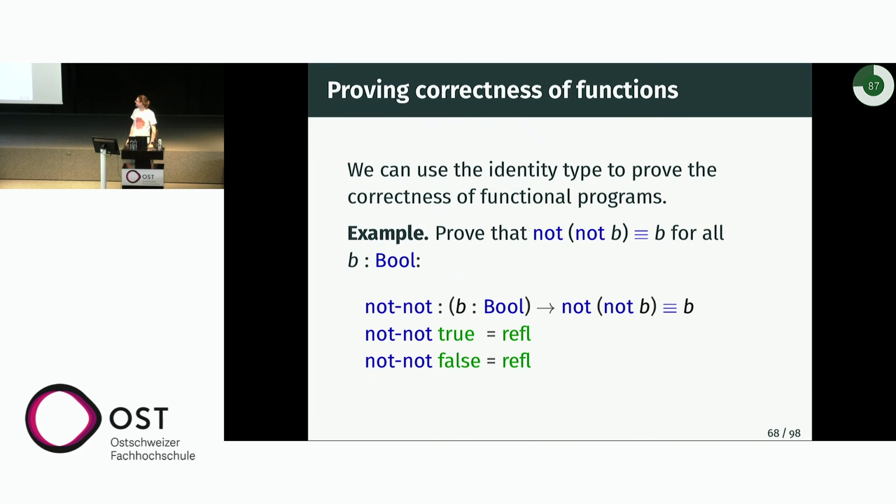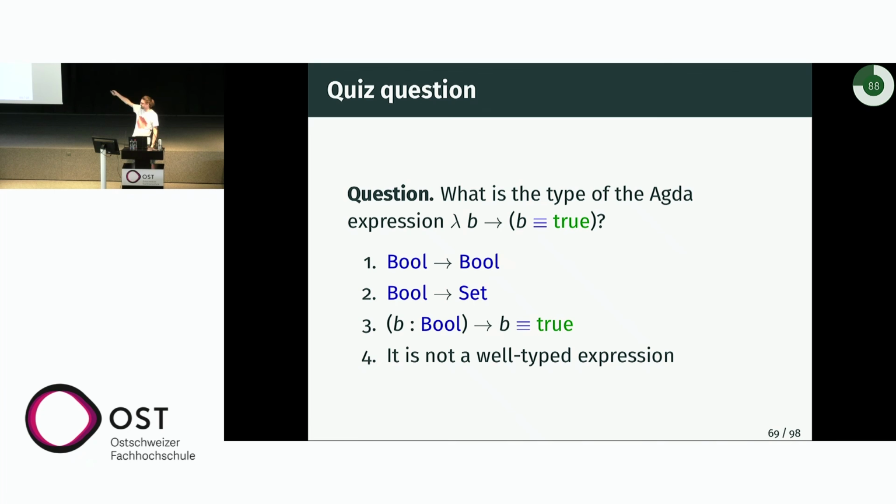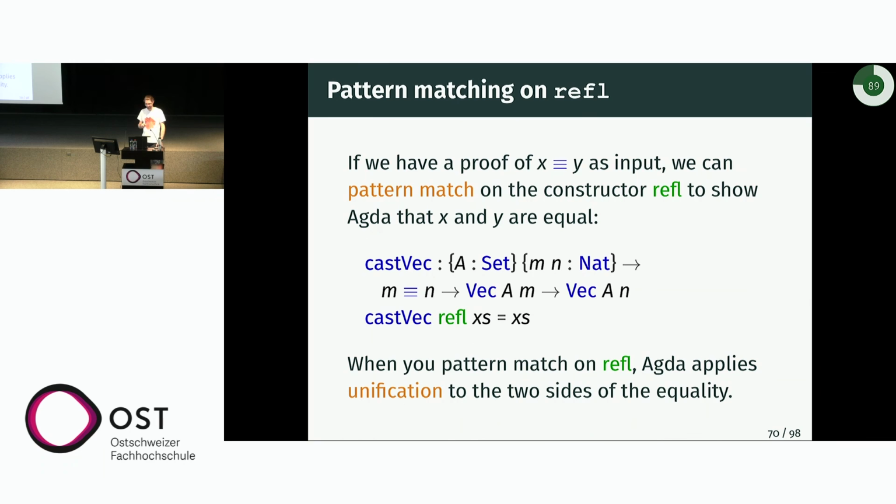So if you write this lambda expression, then we're returning a Set. So this type is Bool to Set. If we wanted to write a function of the other type, we'd have to give a proof. And actually we wouldn't be able to write a function of that type, because not every Boolean is equal to true. Okay.